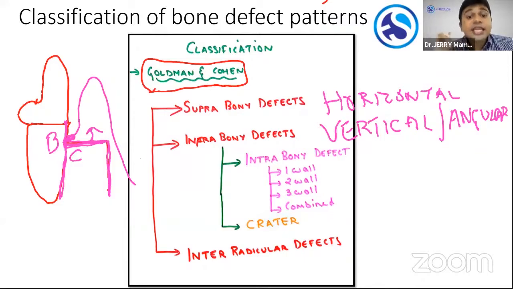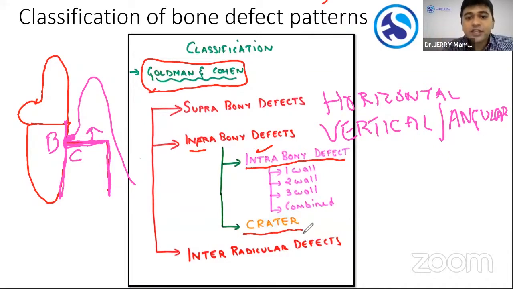These infra-bony defects are further subdivided into two categories. What are those? Remember, this is infra, this is intra. Infra-bony defects are subdivided into an intra-bony defect and a crater.